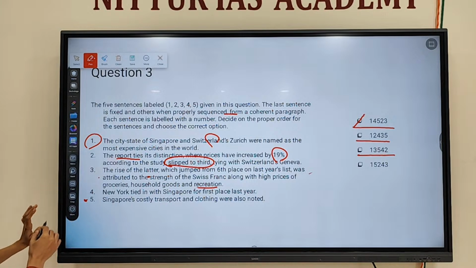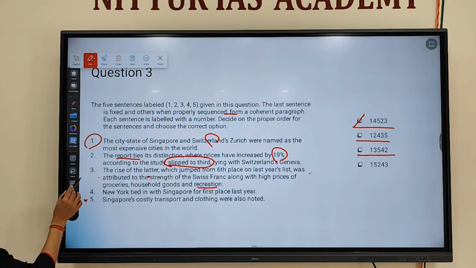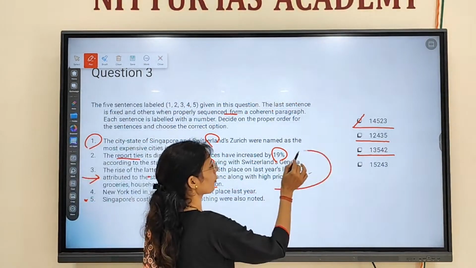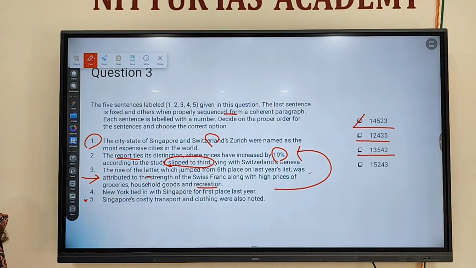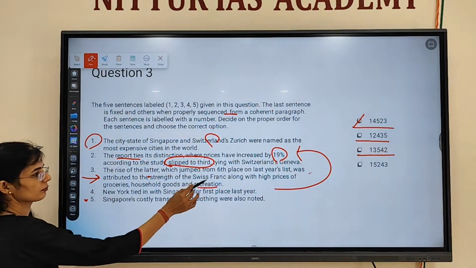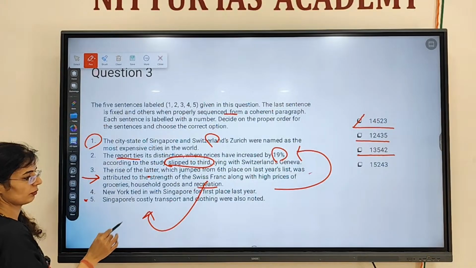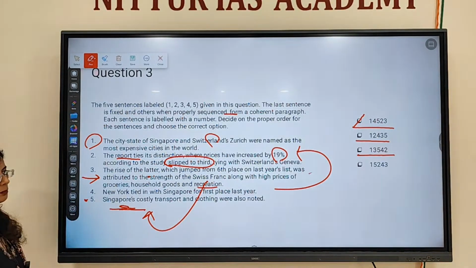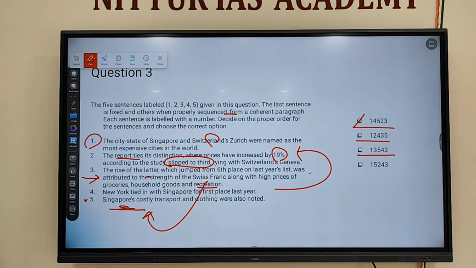So 1, 2, 4. According to me, 3 will come after 2, because they have looked at the report and then they are talking about the report. Correct? Because this slipped in and then they are talking about where it slipped in. Makes sense? According to me, 3 should come before 2.